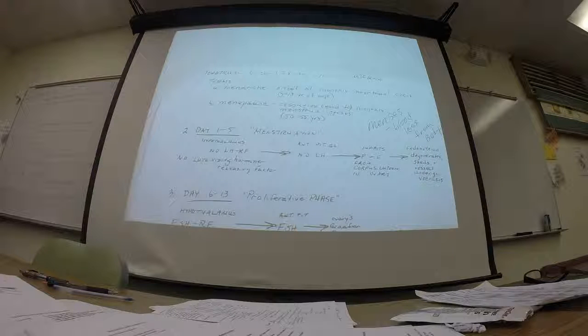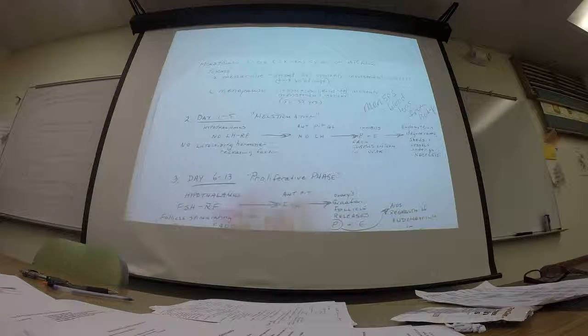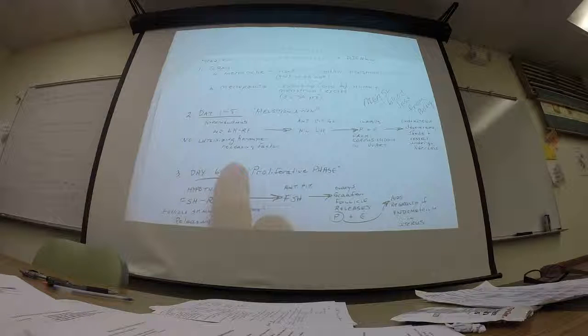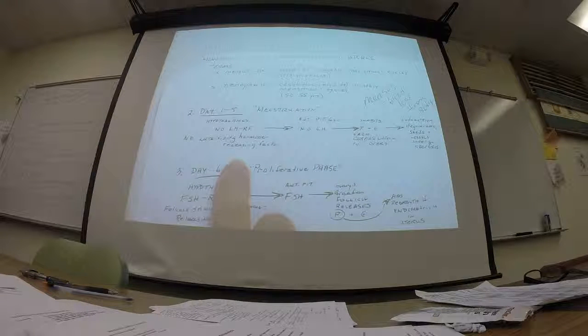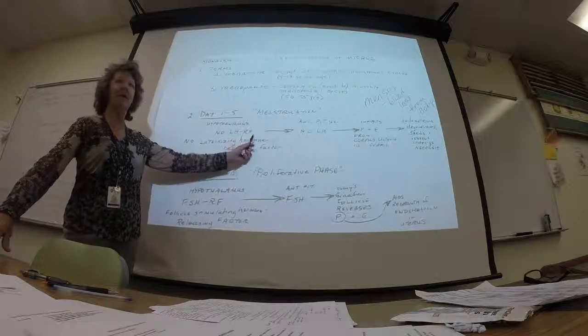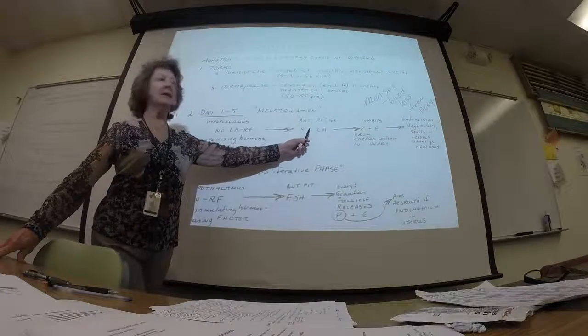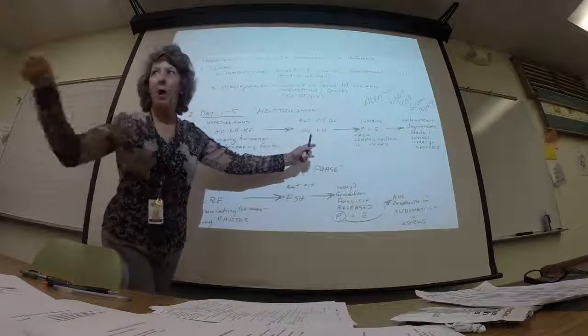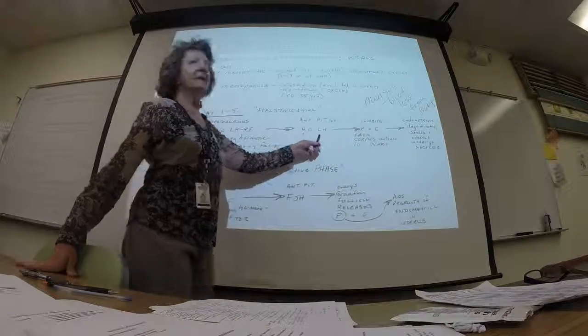So remember what the story was in day 1 through 5. That's when your brain didn't make a release. So if you had no luteinizing hormone releasing factor, then your anterior pituitary gland, where releasing factors always go, didn't release luteinizing hormone.